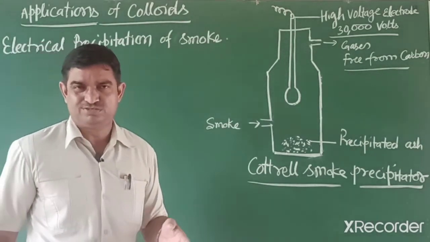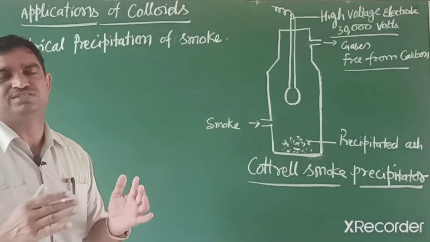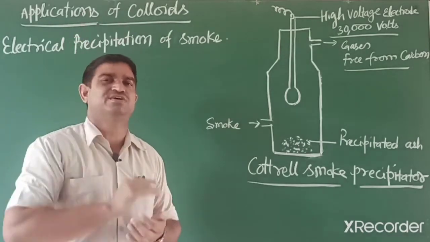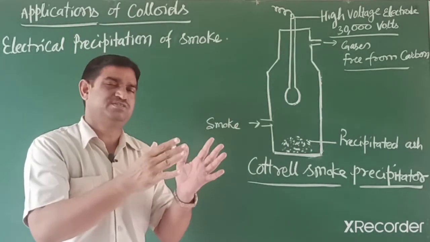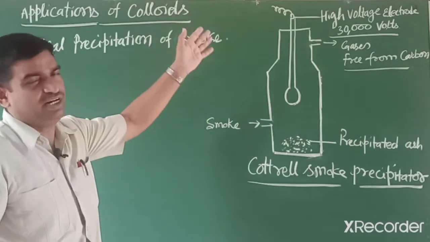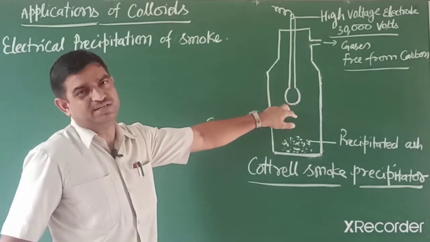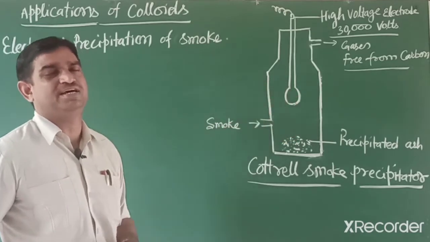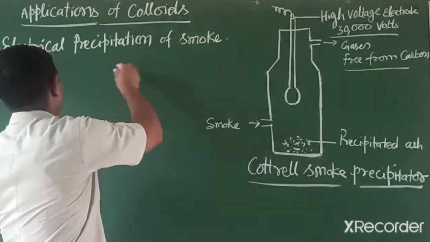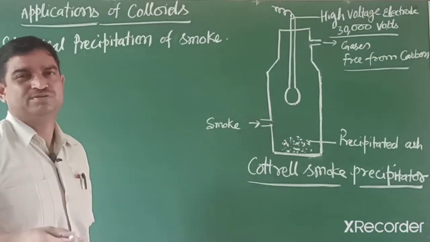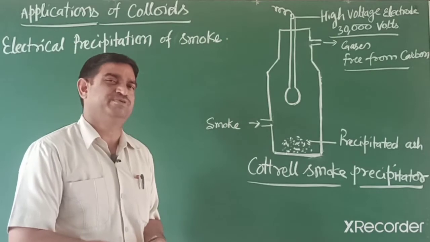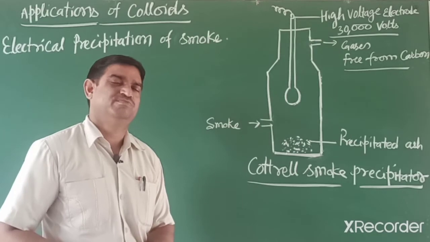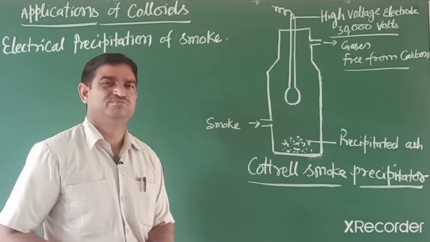These days, students, you can see in our houses there is an artificial chimney made. On that also the gas is released into the surroundings, upper side. But placing an electrode on it connected to high voltage is not possible for a general person. But in industry we can apply this process and reduce the pollution because unburnt carbon particles settle down. So this is an industrial application. By this we can reduce the pollution.